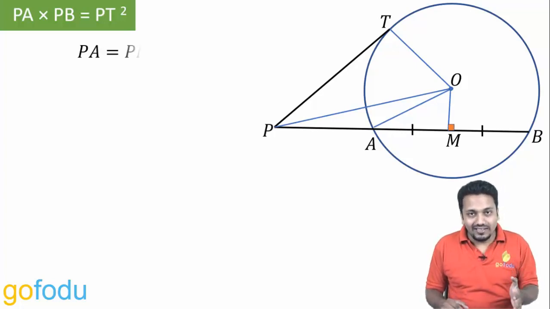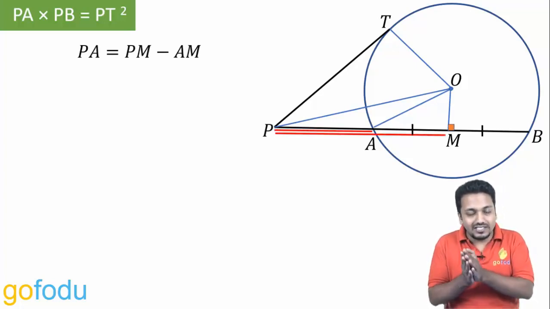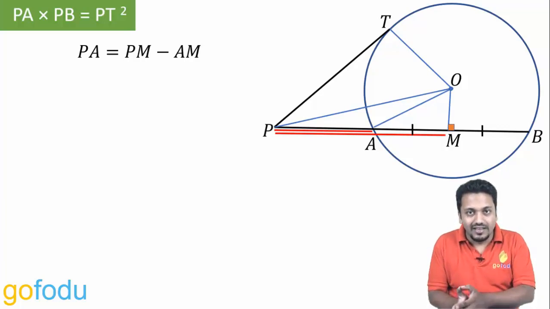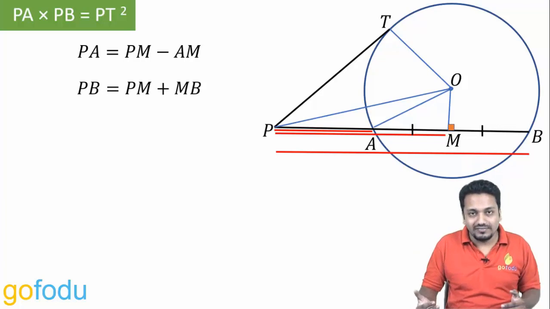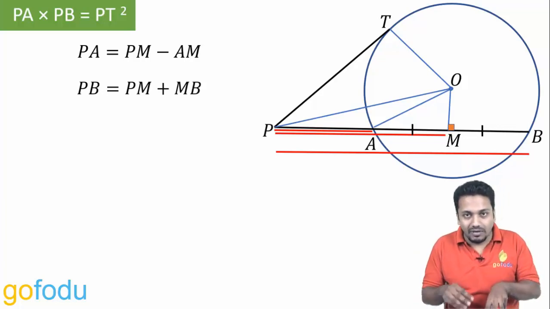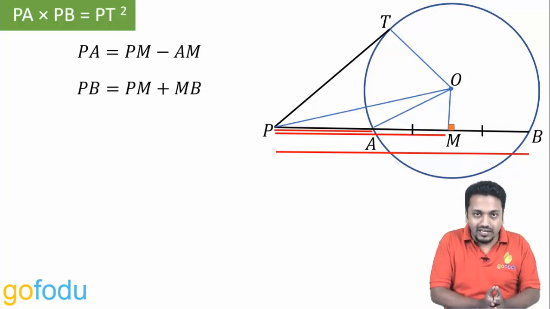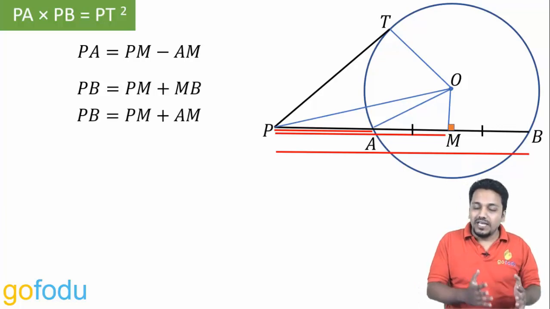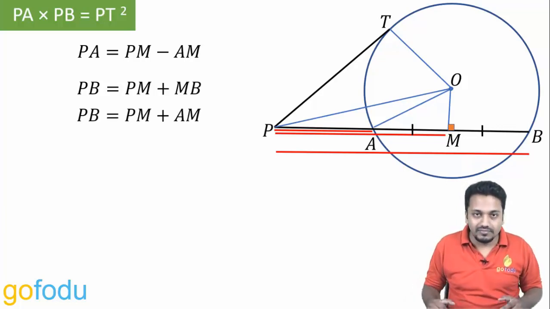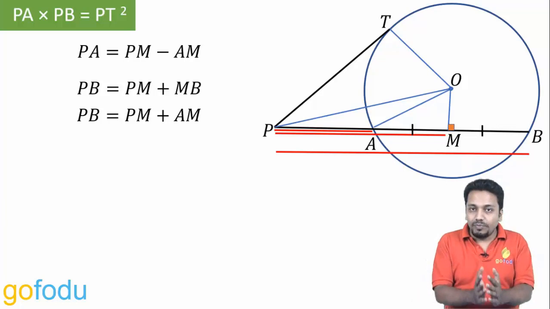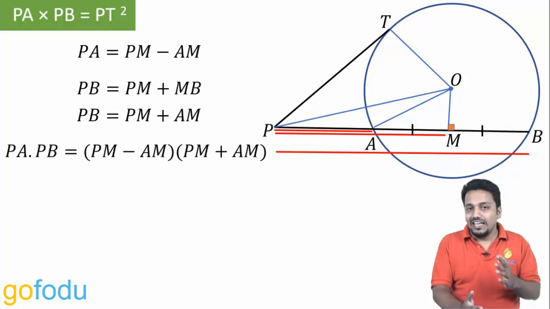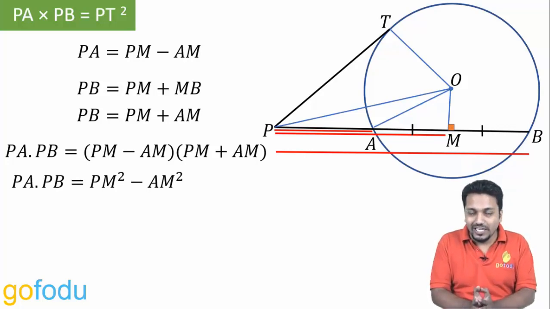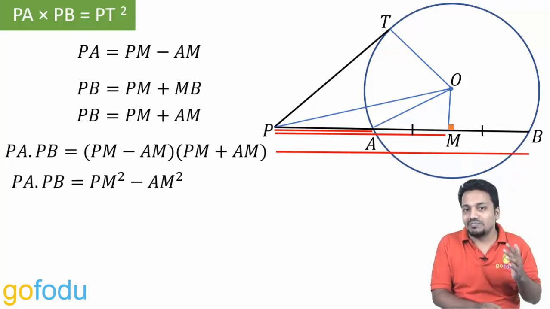Now PA is PM minus AM and PB is PM plus MB. MB and AM are equal, so PB can be written as PM plus AM. Take the product of PA and PB and apply the formula (a plus b) into (a minus b) is equal to a square minus b square.